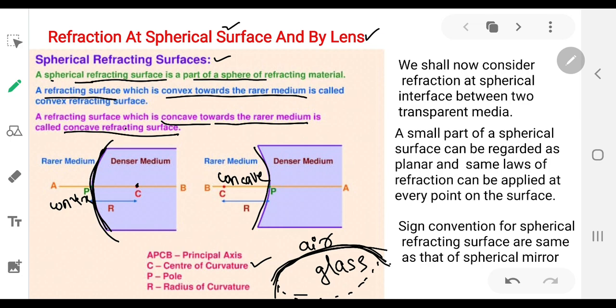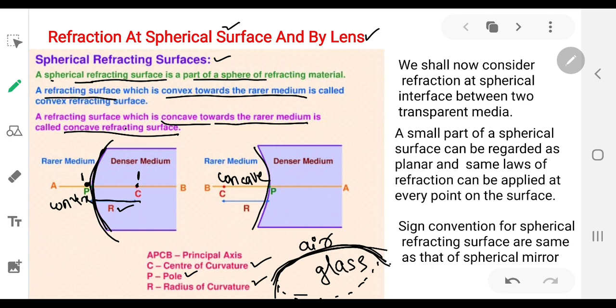The geometrical center of the refracting surface is called the pole of the refracting surface. The distance between pole and center of curvature is called the radius of curvature of the spherical refracting surface.